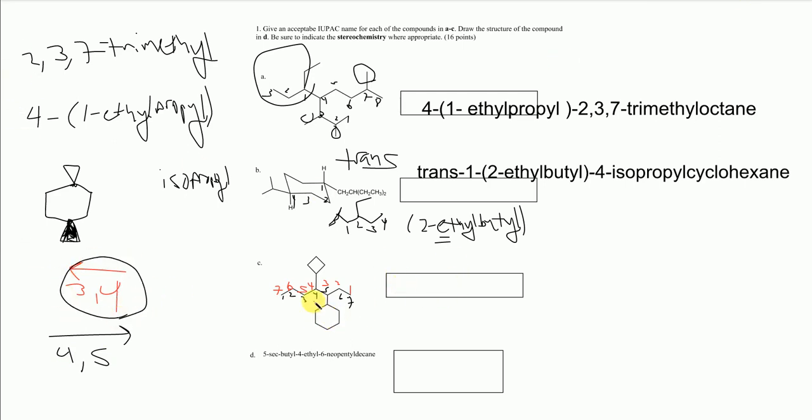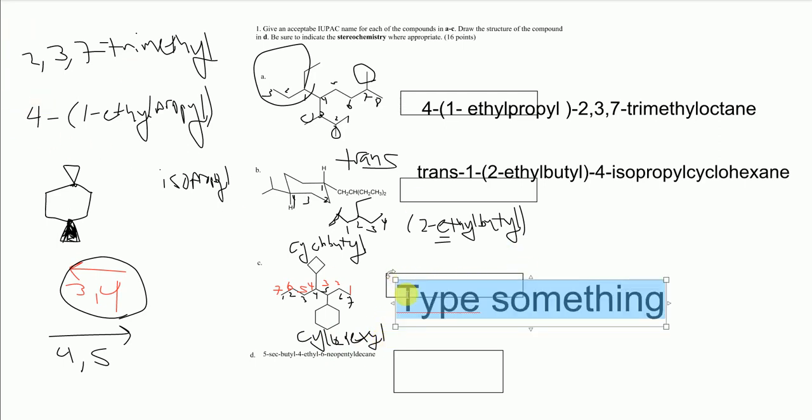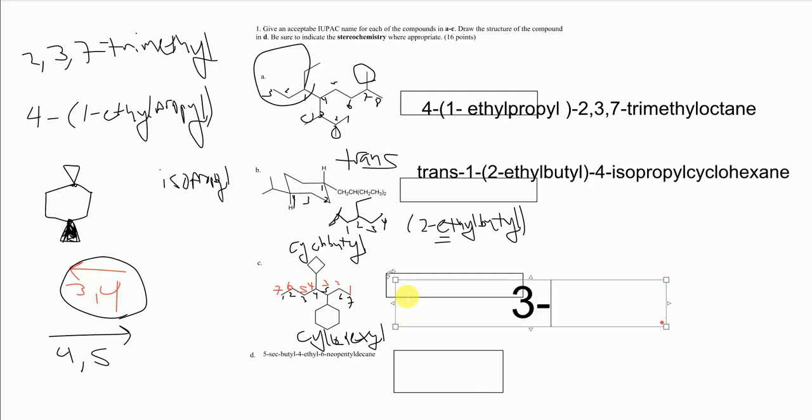Okay, so now I need to name these. So this is just cyclohexyl and this is cyclobutyl. Okay, so sorry, that's not legible, but you'll see it in the full name. So whenever you have something as a substituent, just drop the ANE and add YL. So over here I said 3, and well now I have to decide what's alphabetically first.